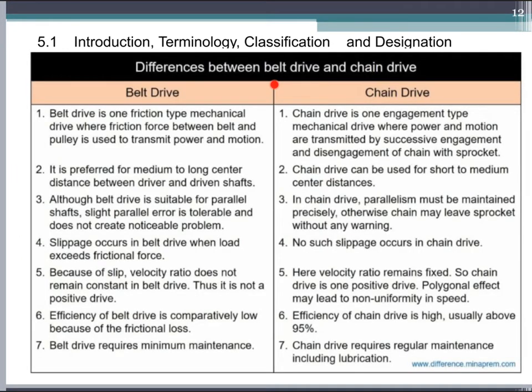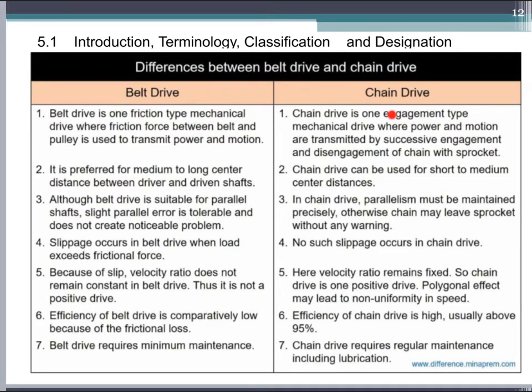So this is the difference between belt drive and chain drive, where I took this table from the website www.difference.minbrand.com. There are several differences between belt drive and chain drive. I just want to highlight the main differences.